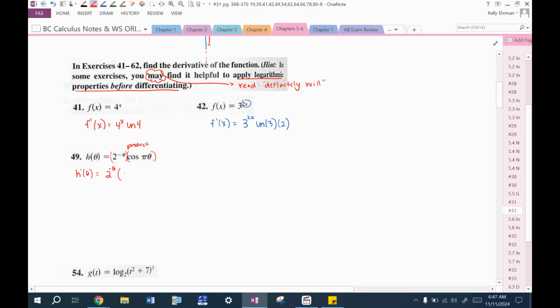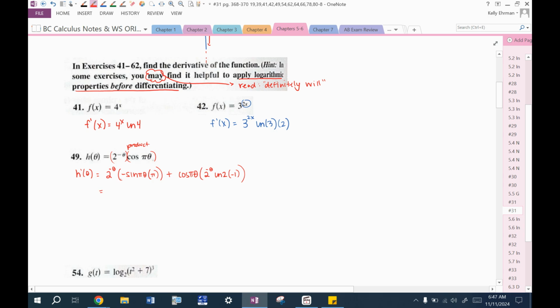So derivative of cosine is negative sine of pi theta. And then I need to remember to multiply by the derivative of pi theta, which is pi, plus second times derivative of the first. So 2 to the negative theta, natural log of 2. And then the derivative of negative theta is -1.